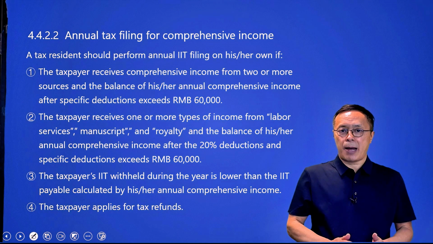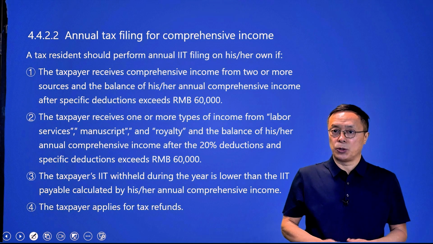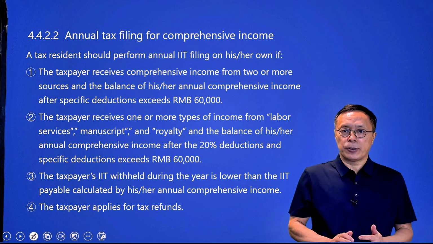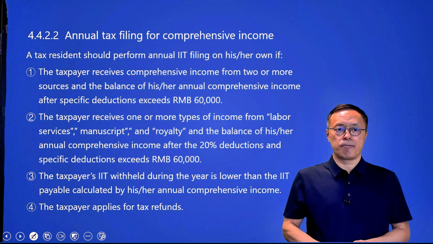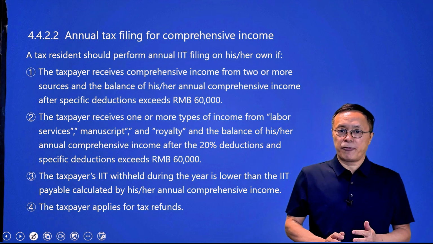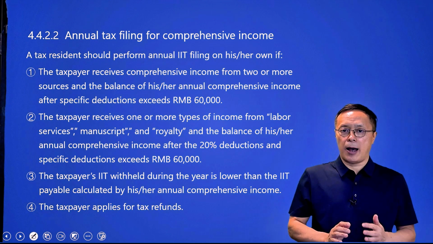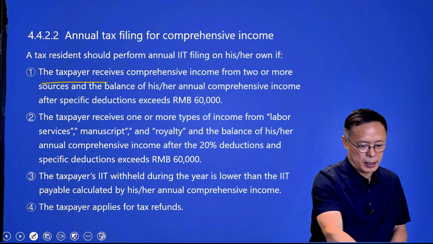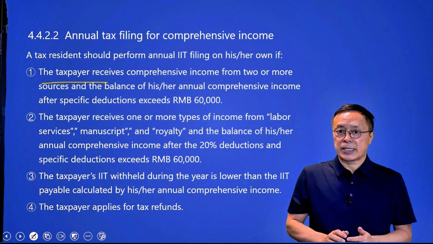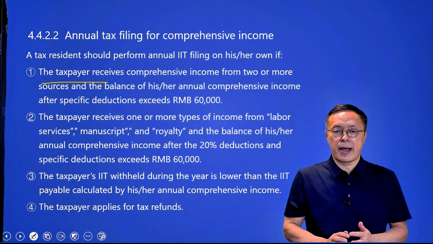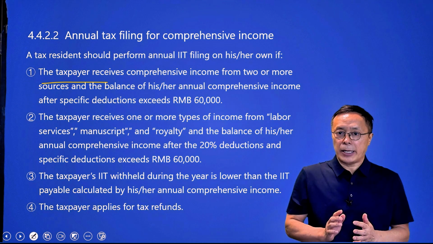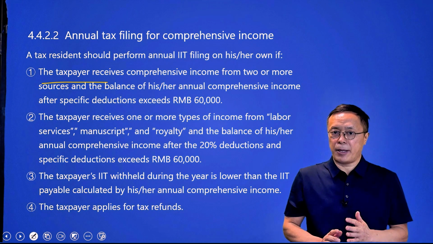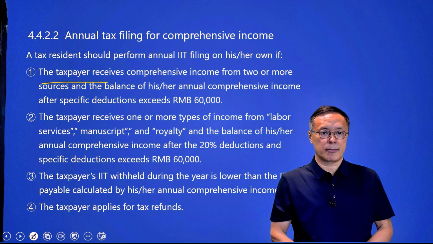Annual assessment is something that every tax resident needs to do, but it's not required that every tax resident perform annual tax filing to the tax bureau. A tax resident should perform annual IIT filing on his or her own in the first situation, where the taxpayer received comprehensive income from two or more sources and the balance of his or her annual comprehensive income after specific deductions exceeds RMB 60,000.